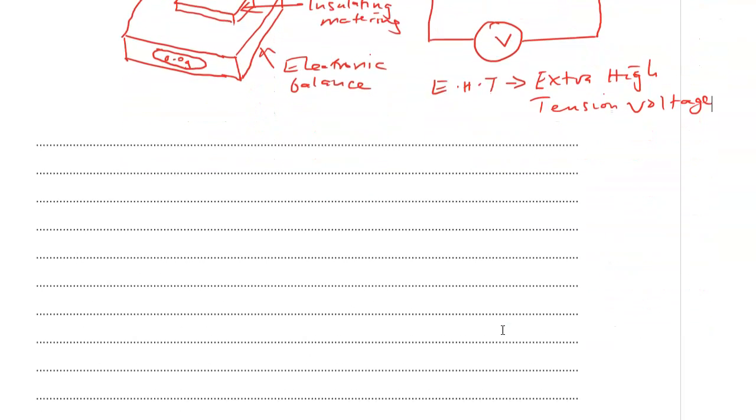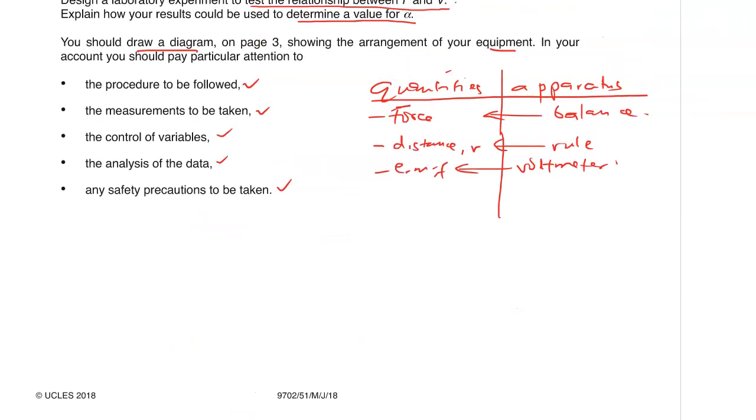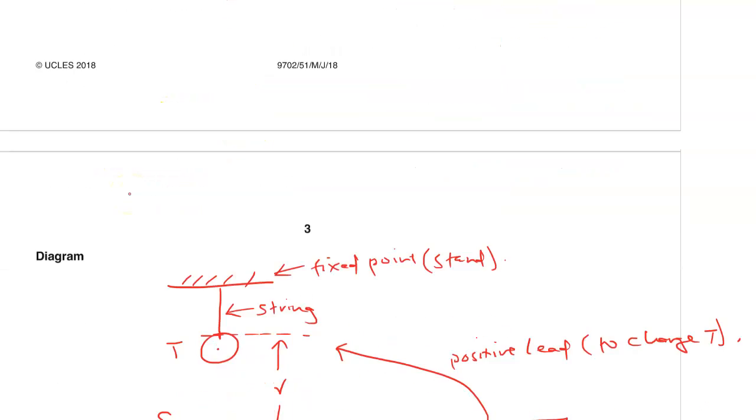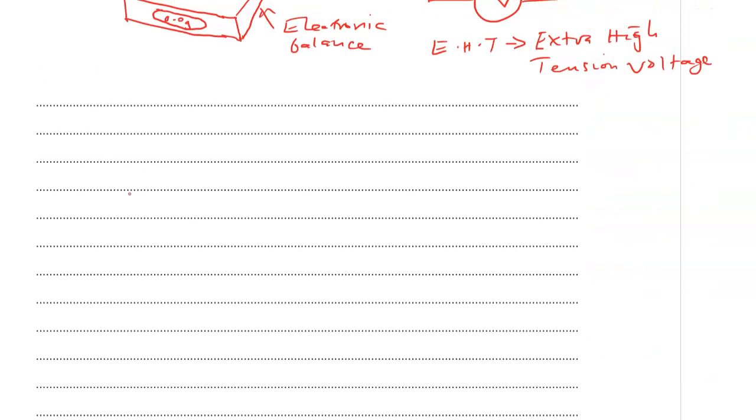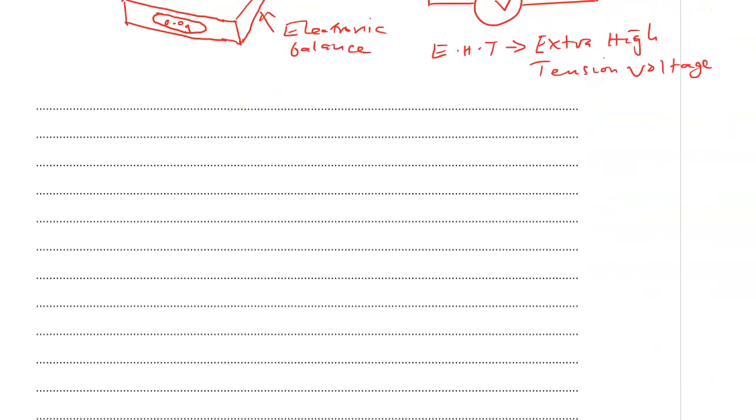So the next thing now is to come up here: procedure to be followed, measurements to be taken, control values, analysis, and safety. Therefore I arrange this in first, defining the problem.